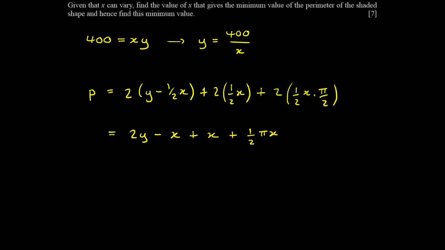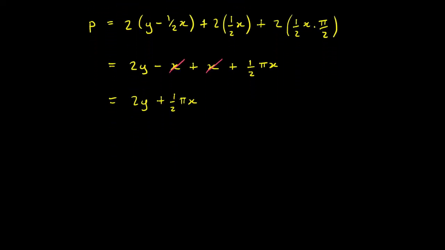And if I tidy that up, we've got minus x plus x, so that disappears. So I'm left with 2y plus a half pi x. Now, we already know that y is equal to 400 divided by x, so I can now replace that here.